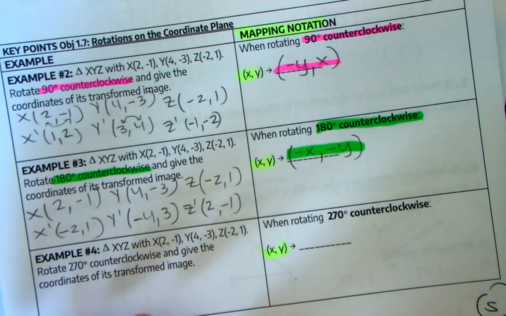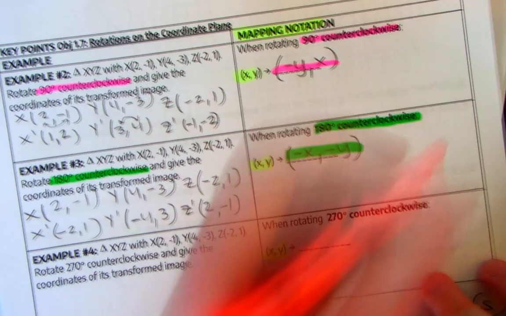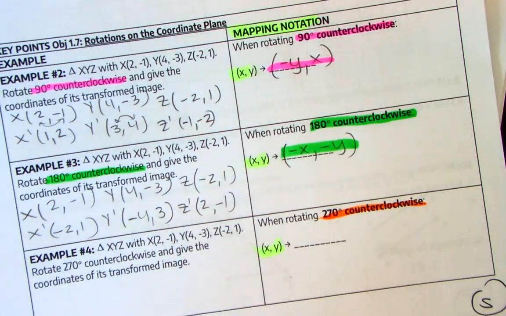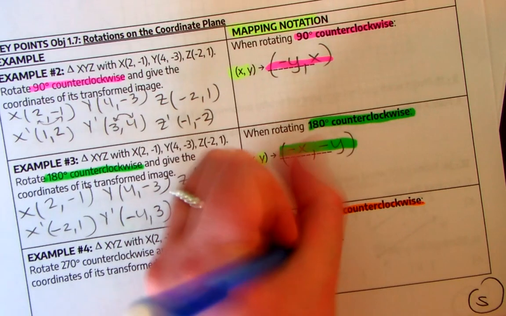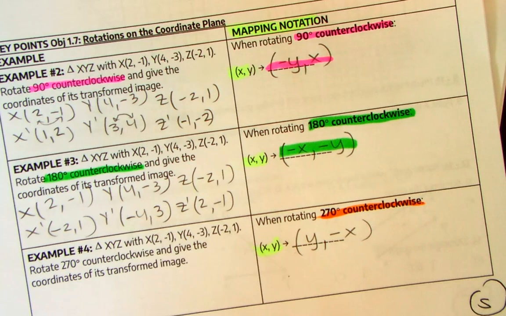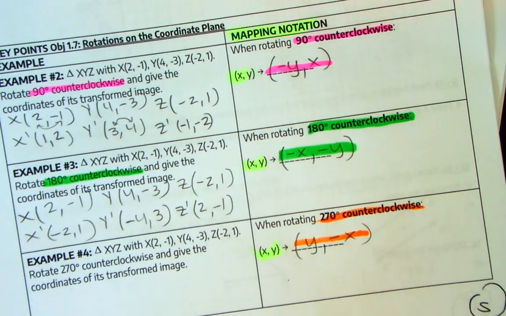Okay, last one is when we rotate 270 degrees. When we rotate 270 degrees, what happens is (x, y) is going to map to (y, -x). So again, x and y flip spots, but now the x coordinate becomes the opposite sign.